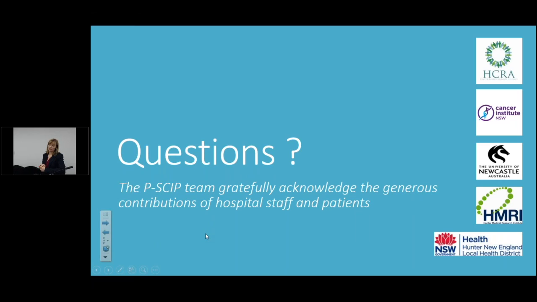And the next question is, how much support did the P-SCIP team provide to the site during implementation? Correct me if you disagree, Emma, but I would say a lot of support to put things in place, to get the prompts into the electronic system, to get the pieces of paper and get people doing things.